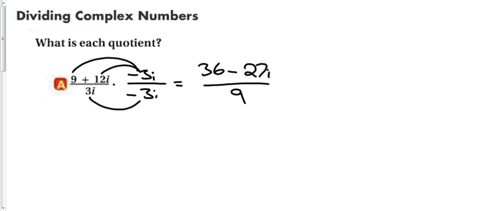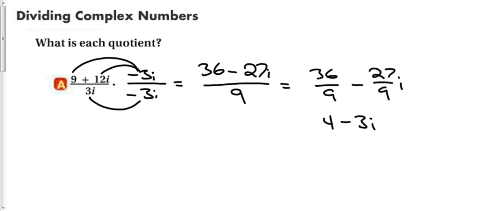And of course, I can write this as 2, the real part, and the imaginary part. But, of course, you should recognize that this can be reduced to 4 minus 3i.